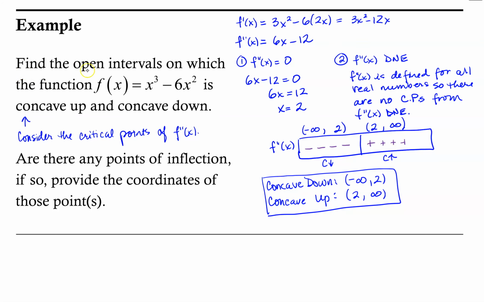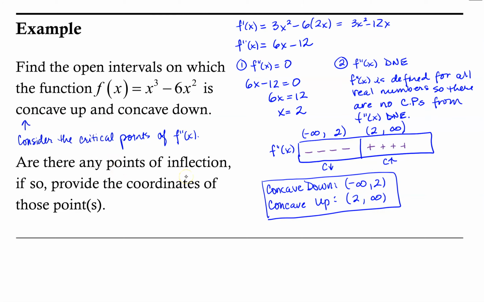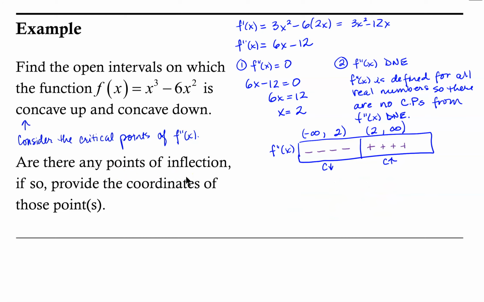So that answers the question about the open intervals on which the function is concave down or concave up. Now we need to consider the question of whether there are any points of inflection. Now, a point of inflection occurs at points in the domain of the function where the function changes concavity.